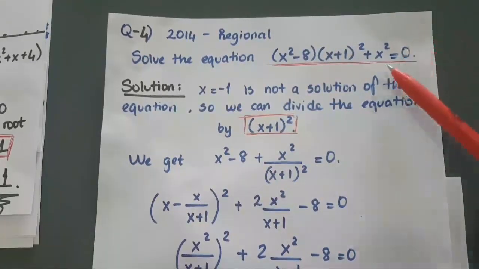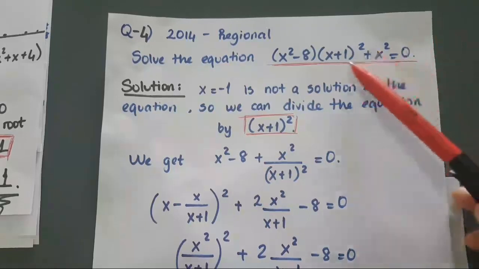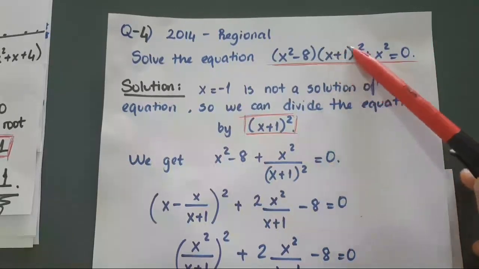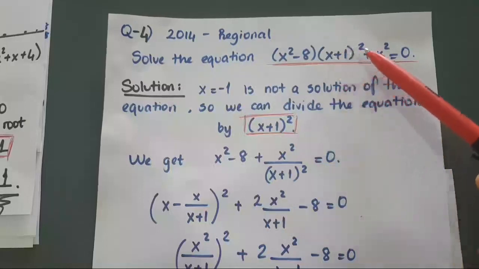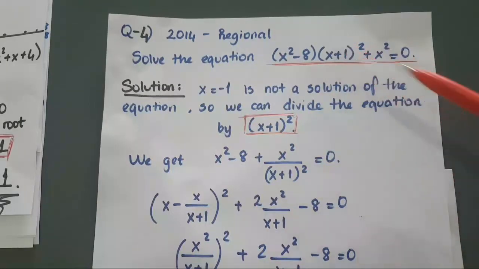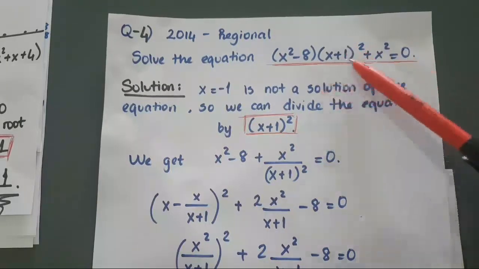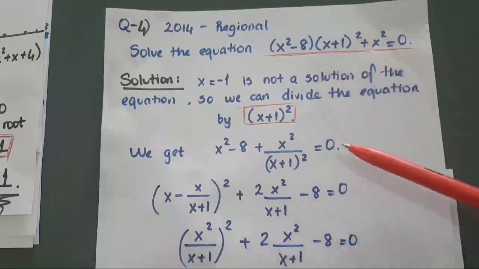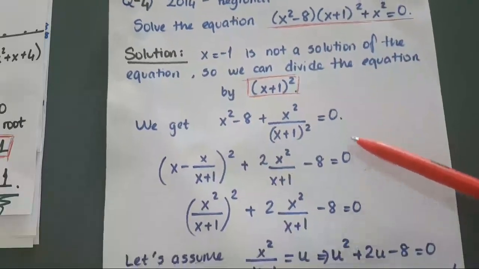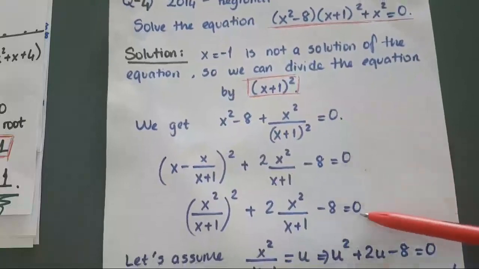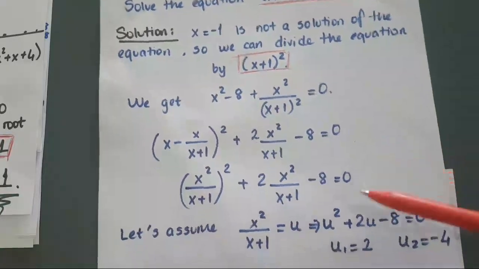The equation was given in this form. We checked x equals minus 1. It is not a root of the equation, so we divided both sides of the equation by x plus 1 squared. Then we tried to get a quadratic equation.